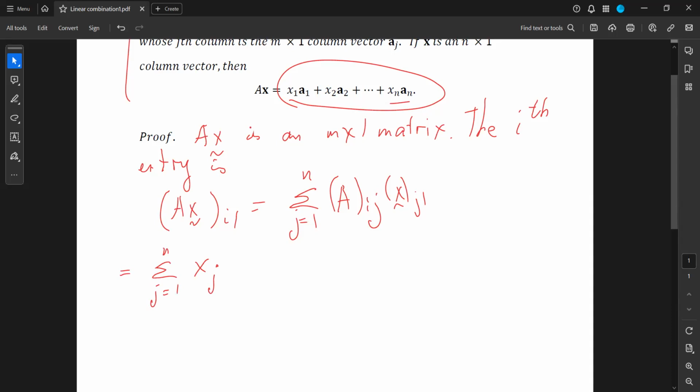Aij is taken from the vector, or column, Aj, and picking up the i-th entry. Flipping between vectors and matrix notation is crucial.